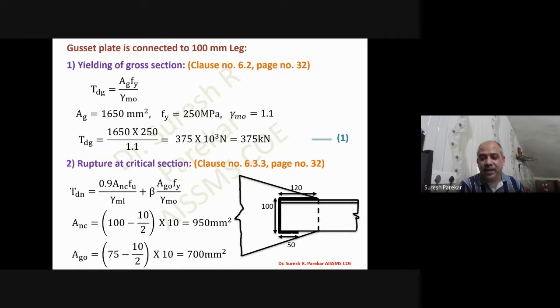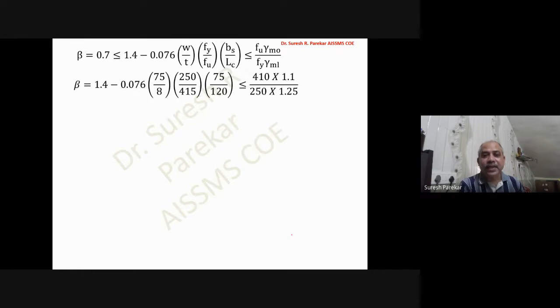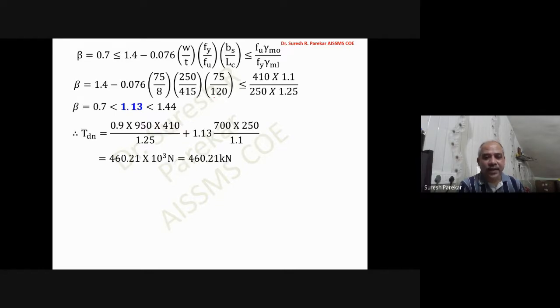So 120 plus 50 by 2 gives the larger value. If your Lc is larger, then this value is going to be reduced and beta will be more, and that will not be your critical value, and therefore I have taken the maximum of the two welding lengths over here. And then from this I will get Tdn as 60.21 kilonewton.